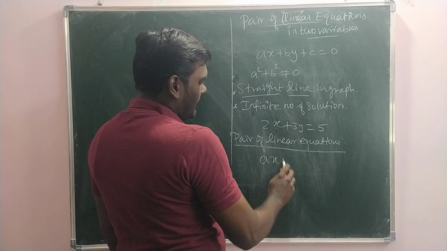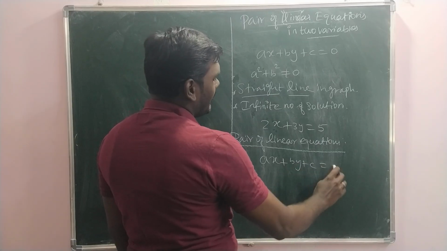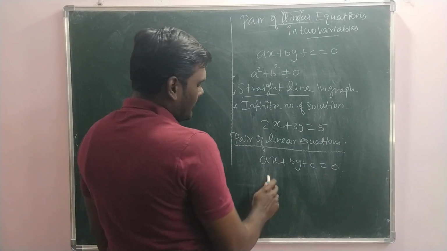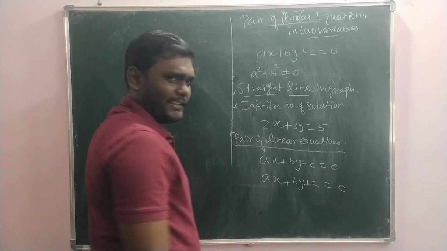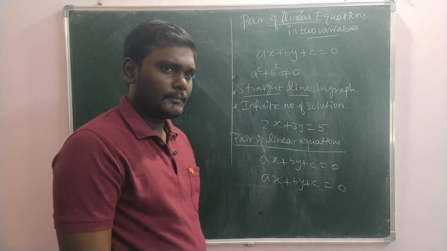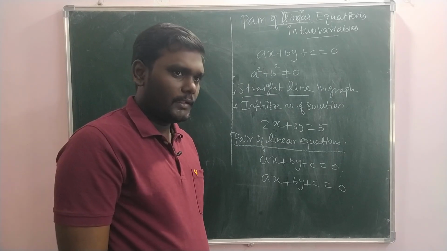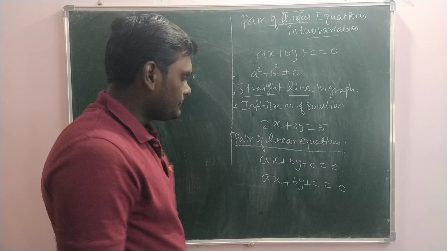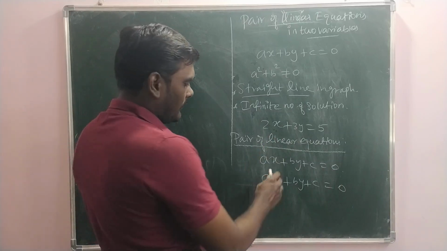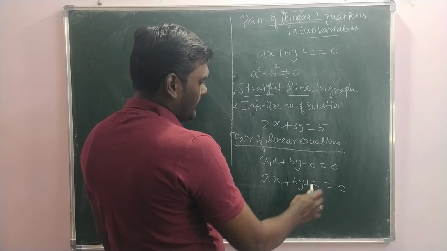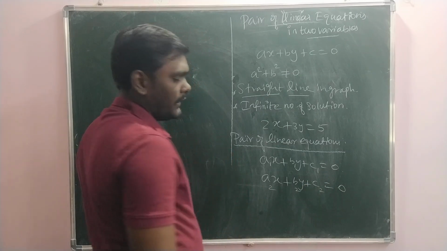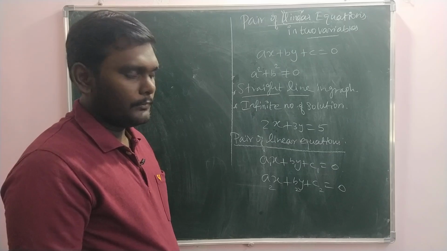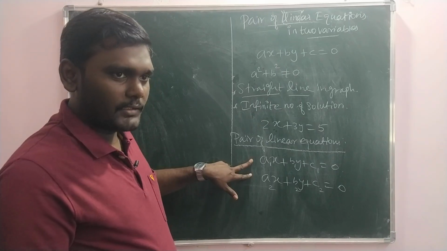If I write ax + by + c = 0 as the first equation, and the second equation also ax + by + c = 0, isn't it the same equation? Yes, they are. So we need to differentiate. For that, a1, b1, c1, a2, b2, c2. Likewise, two different equations.